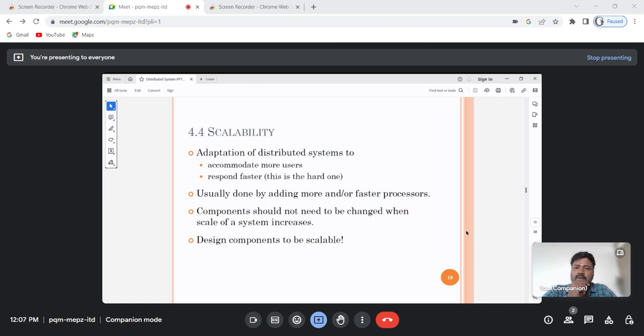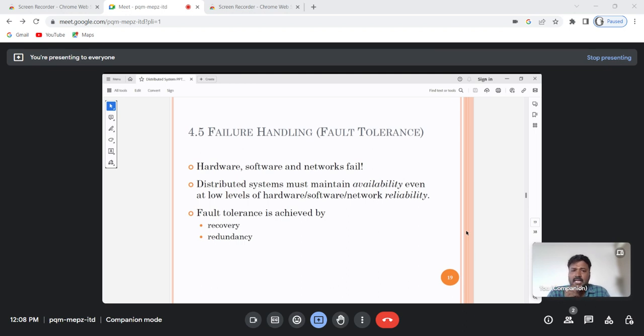So 10 plus 90 is equal to 100, right? So at any point of time, I am able to extend the total number of systems used in the distributed system, and also I am able to reduce the systems from 100 to 50 systems. So it provides scalability.